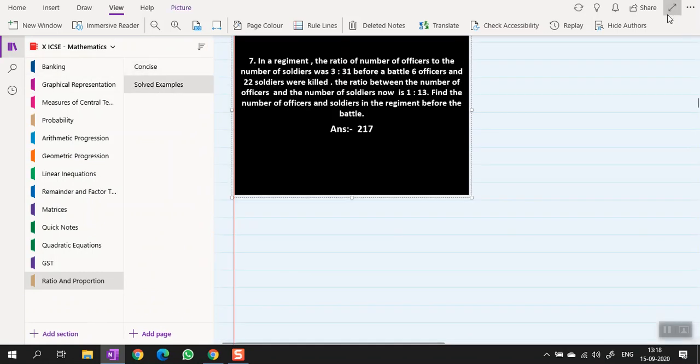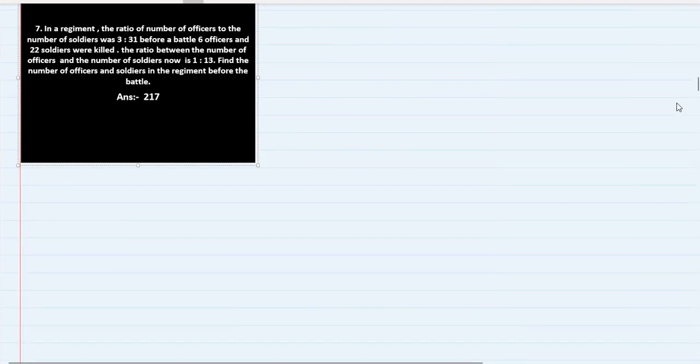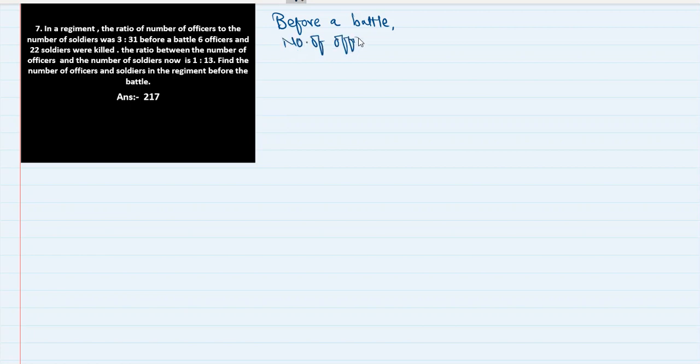Okay. So I will write it as before a battle, number of officers is to number of soldiers is equal to 3 is to 31.